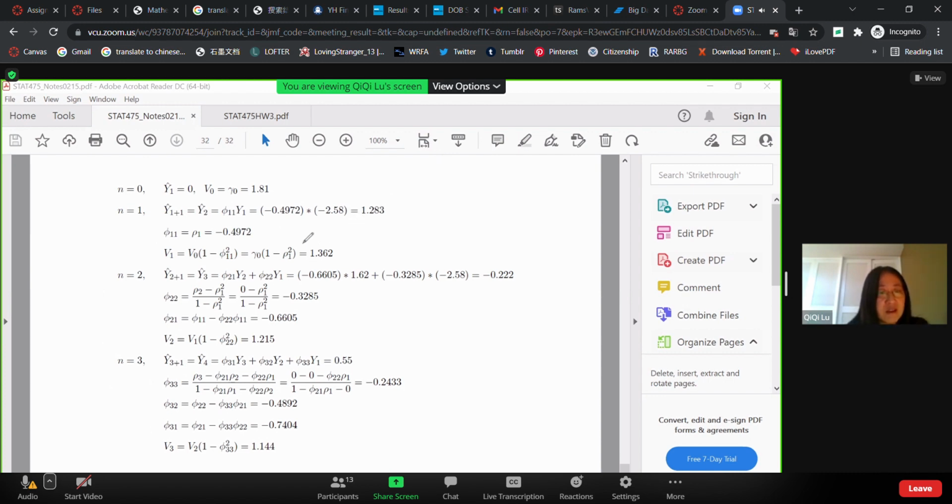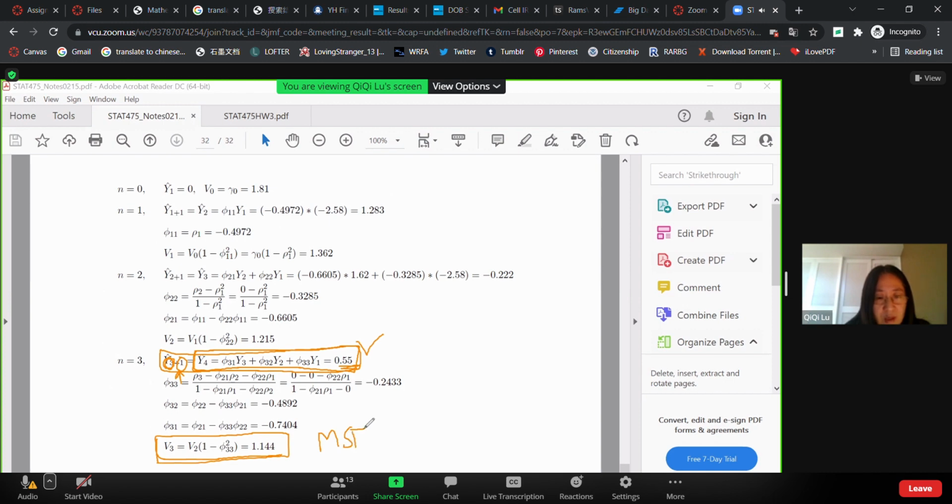Now this is your final forecast. You want to predict Y4, so this is the Y4 forecast. Predict Y4 using 3 observations, and this is one step ahead. This is the forecast value here, 0.55. And then V3 is the MSE.